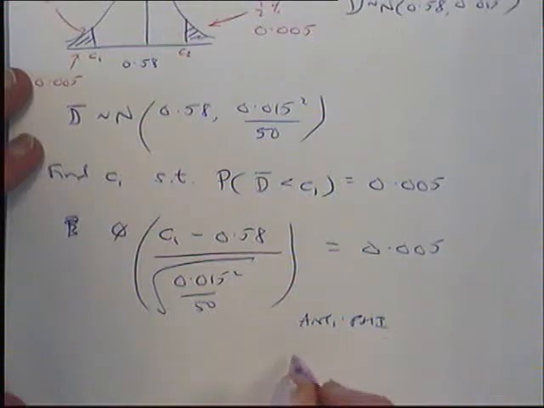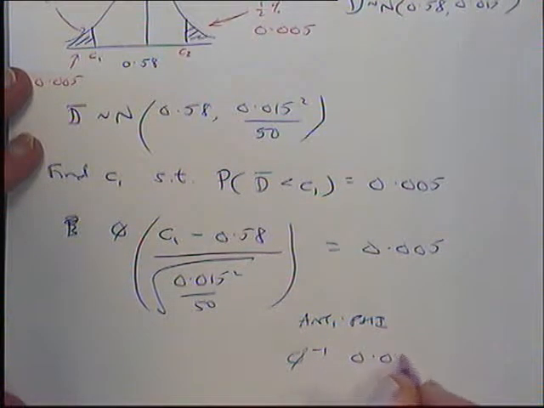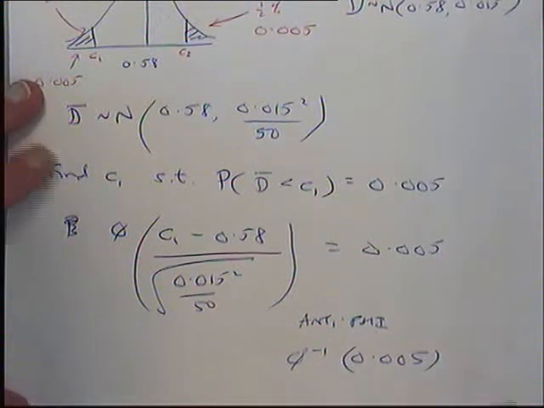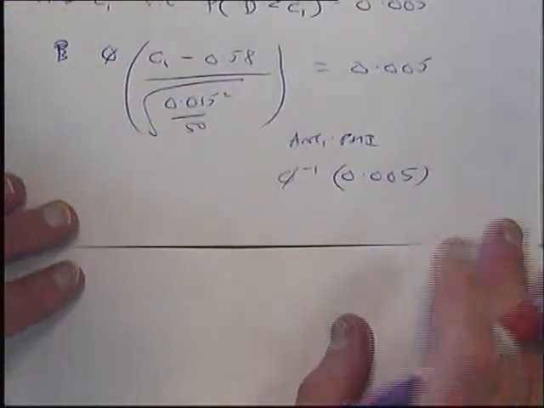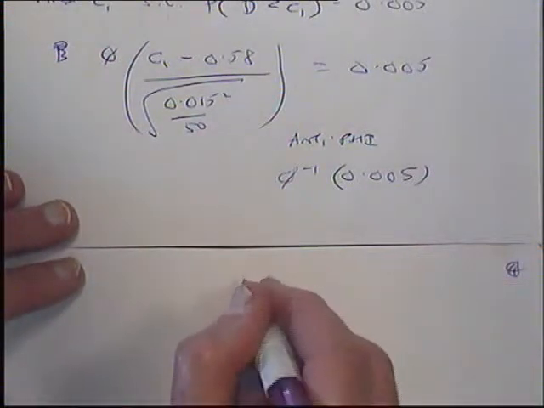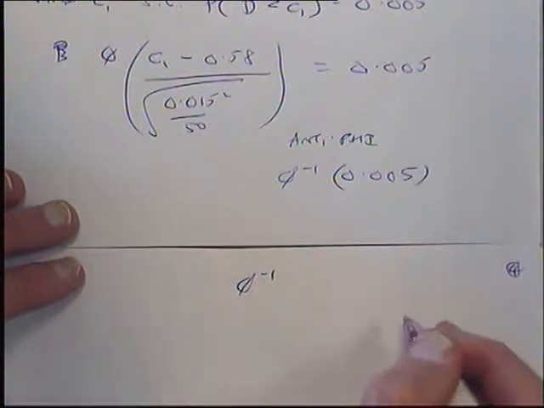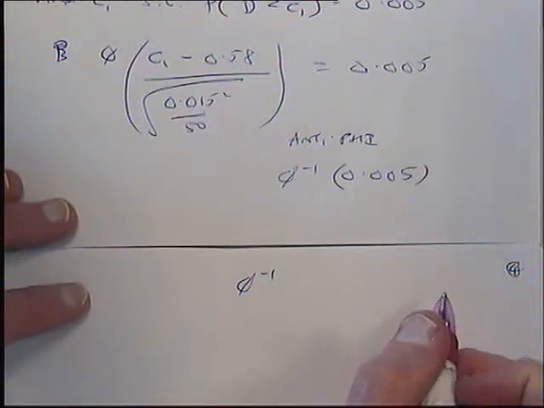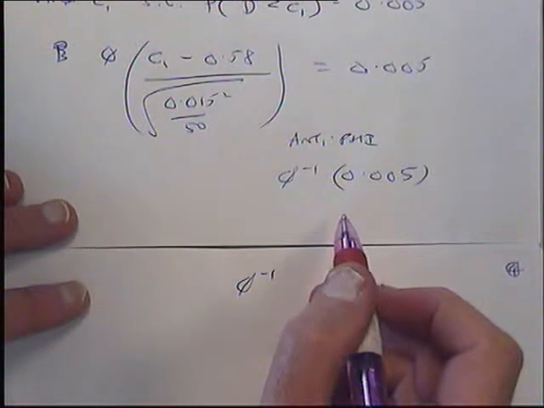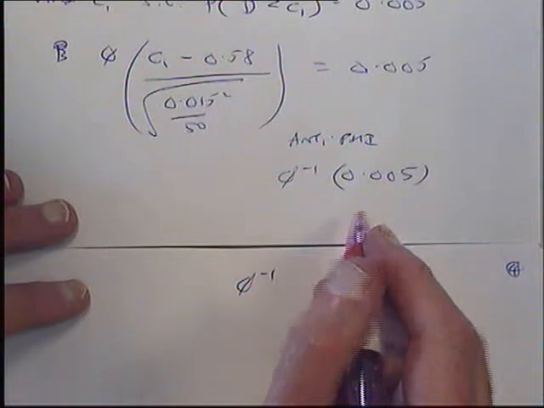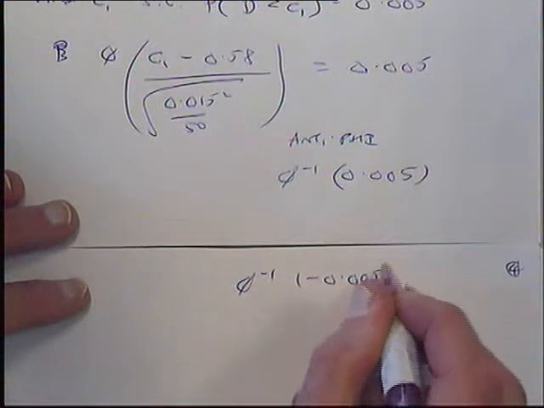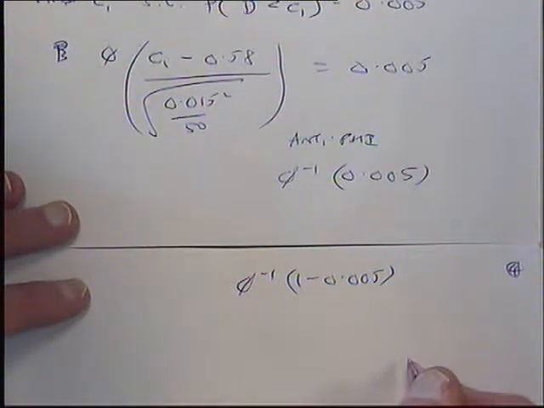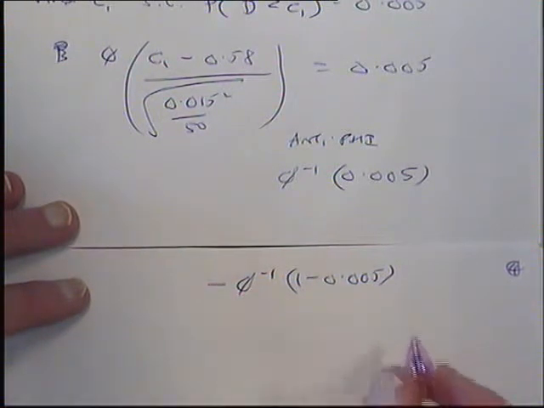So over here on the right, I need to anti-phi 0.005. Just a quick recap, how do I anti-phi very small numbers? Use a graphics calculator or using the tables in the book. There's a 1 minus in here, and a negative over here.